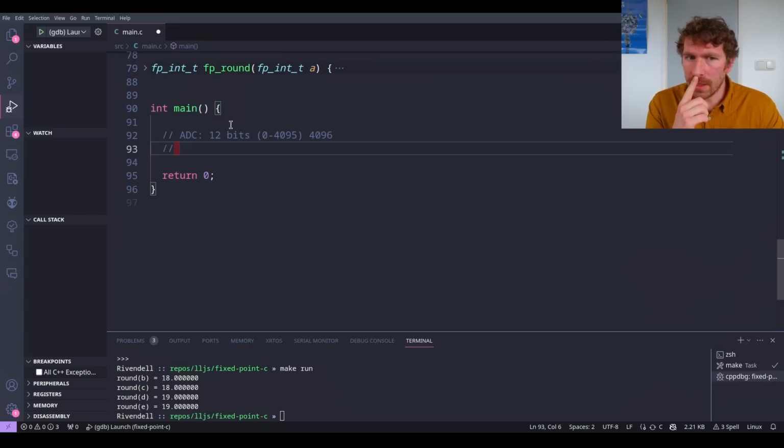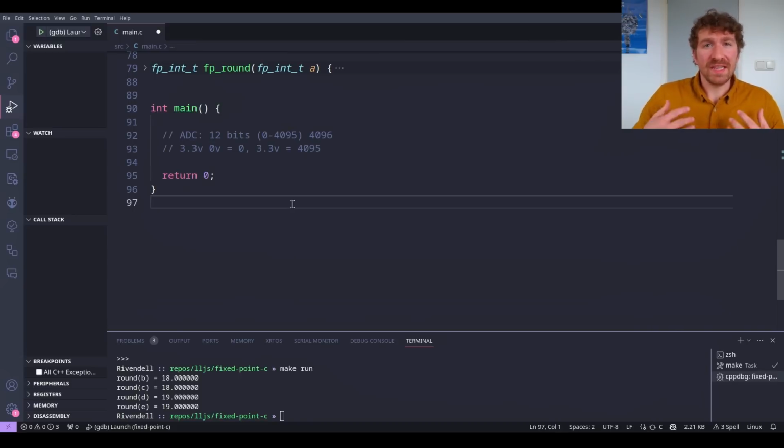Now, let's say in our imaginary microcontroller, which could be this exact one, the analog reference voltage we're dealing with is 3.3 volts. What this means is that a value of 0 volts is going to be a value of 0 in the digital system, and a value of 3.3 volts is going to be 4095.